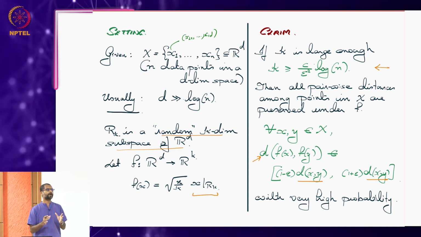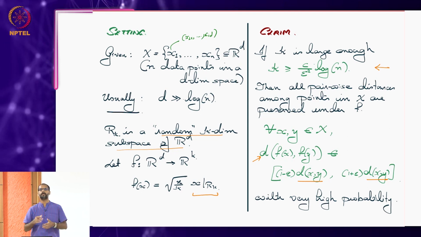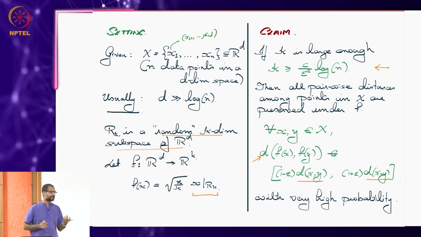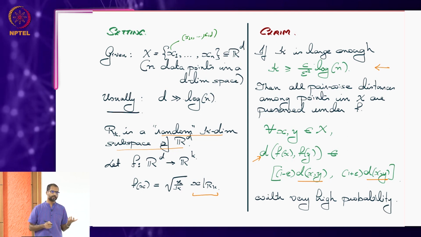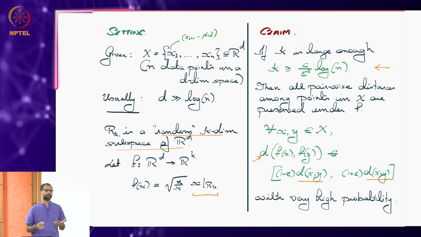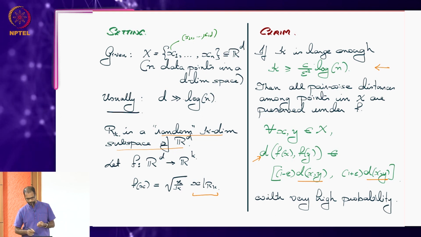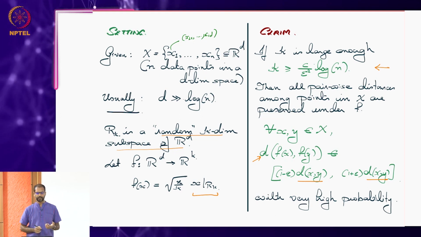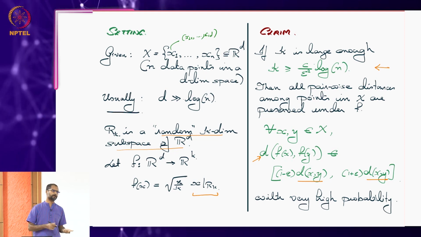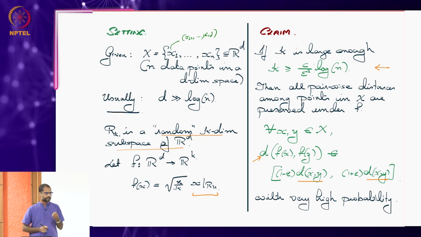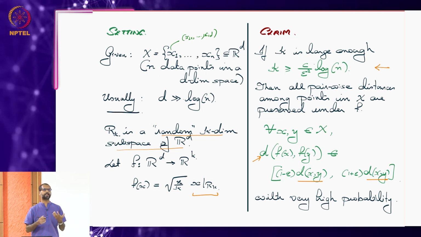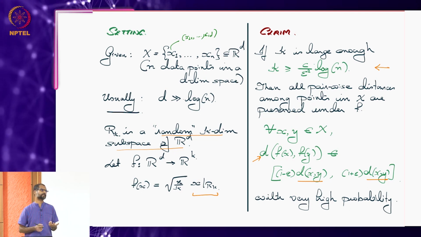So, all pairwise distances are approximately preserved, and since it is a random projection, this is not a definite event; we will claim that this property happens with a very high probability. Let me repeat, what is the guarantee that the Johnson-Lindenstrauss lemma gives you? You select a k-dimensional subspace at random.